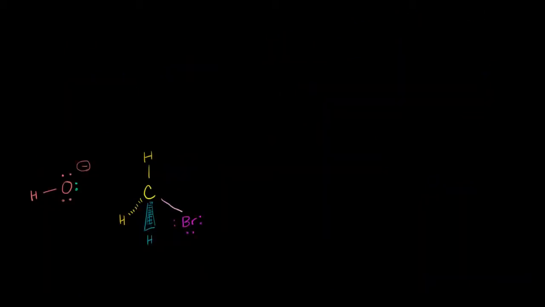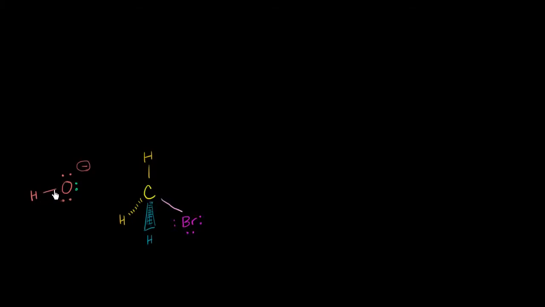We're now going to explore one of the most fundamental reactions in organic chemistry. First, let's look at the things that are going to react. Over here, I have a hydroxide anion. It has a -1 charge, and that comes from the fact that oxygen is neutral if it has 6 valence electrons, but this has 1, 2, 3, 4, 5, 6, plus half of this bond with hydrogen.